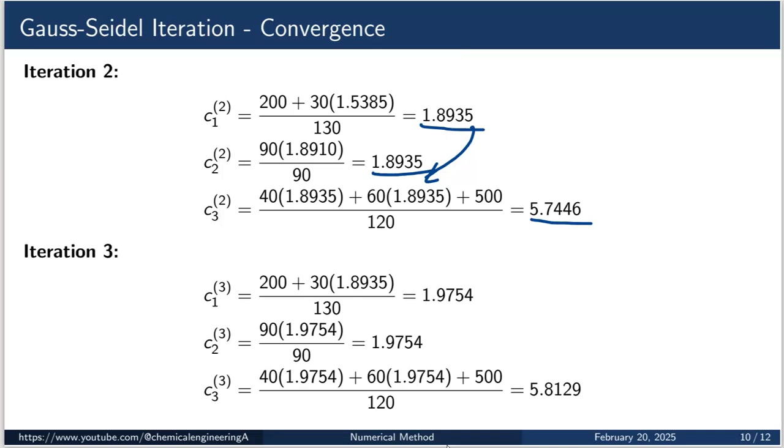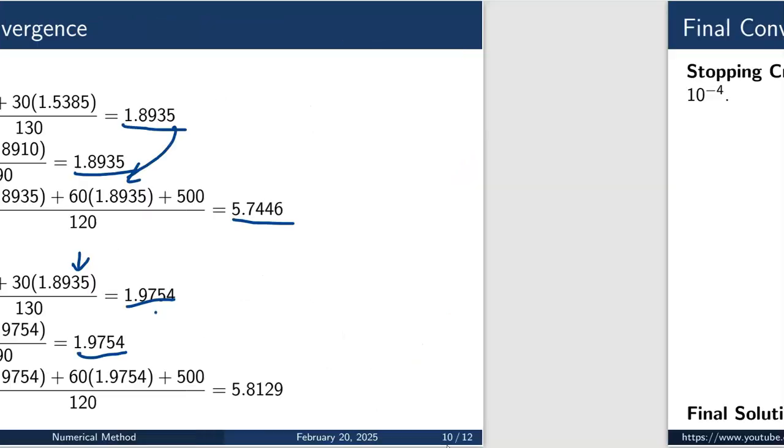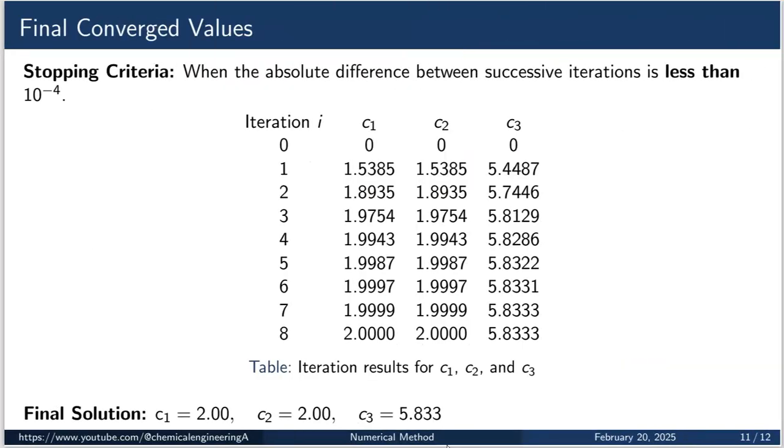Similarly, in the third iteration, putting the C2 value of 1.8935, we get C1 as 1.9754, and C2 is equal to C1, so again 1.9754. For C3, if I plug in the updated C1 and C2, after the calculation I get 5.8129. Similarly, at the 8th iteration, C1 is 2, C2 is 2 and C3 is 5.833.